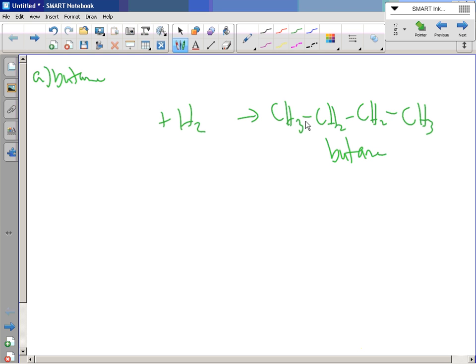I could start with 1-butene or 2-butene. You pick one. If I'm only asking for one reactant, 1-butene or 2-butene. CH2 double bond CH, CH2, CH3. In this case, I picked 1-butene as my reactant. Pretty straightforward.